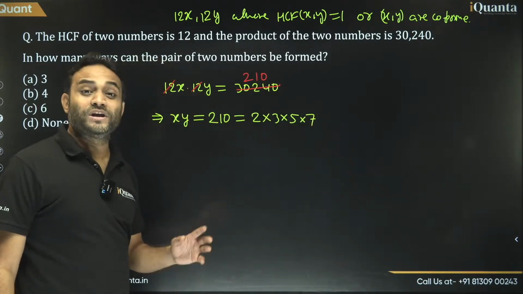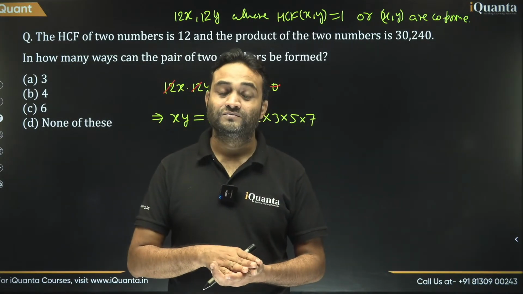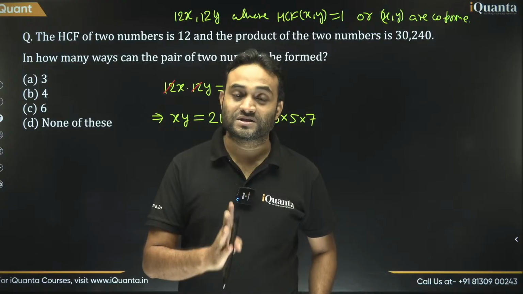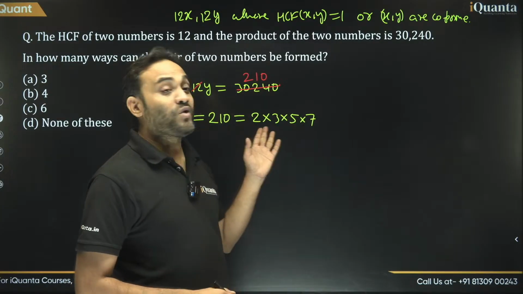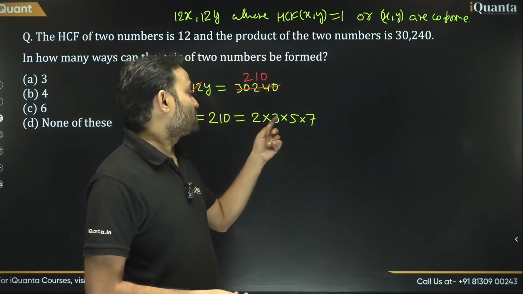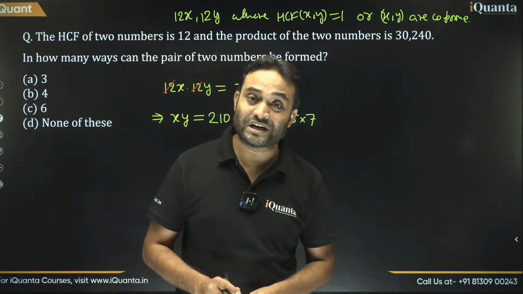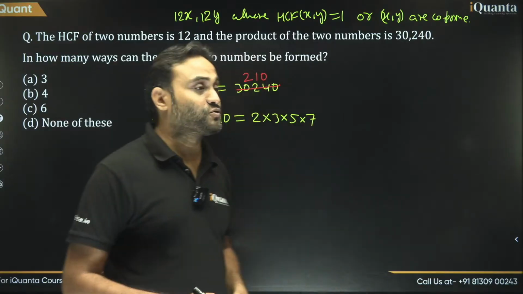Now in how many ways can I write 210 as a product of two co-prime numbers? For example, I can write it as 1 into 210, 2 into this, or 3 into this, or 5 into this. So in how many ways can 210 be written as a product of two co-prime numbers?